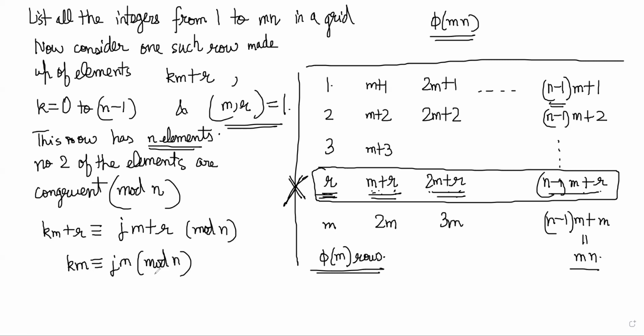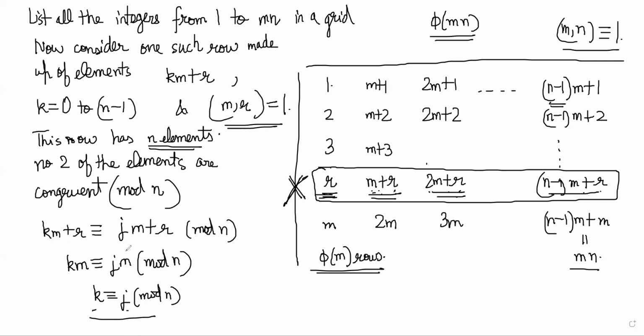We can divide by m because n and m, as we said in the beginning, are co-prime to each other. So we get k is congruent to j mod n. But that is a contradiction because these are two different rows. k and j are different numbers.